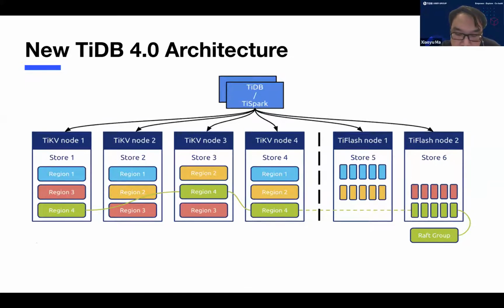This check is very small: it's a single RPC with the log version, log progress, the region ID, and so on. So it's a very lightweight check request, and by that TiFlash knows whether it is up to date to provide consistent read services.